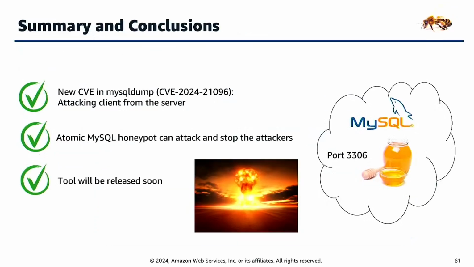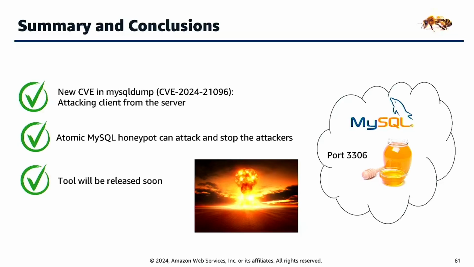So this is the summary and conclusion. We have found a new CVE in the mysqldump client utility. This is an unusual attack vector. You are attacking a client from the server, and in this case, the client is mysqldump, a backup program.